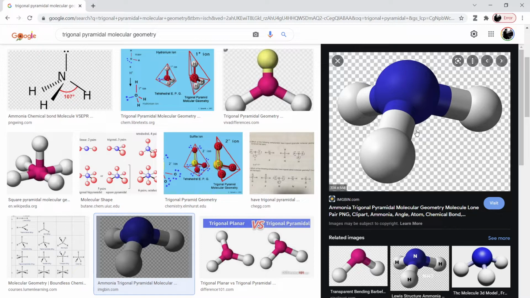So it's not trigonal planar. Trigonal planar, everything's in a plane. However, these are in a pyramid. They're pushed down. So the bond angles are 107, not 120. So we're seeing a different bond angle there. So we're looking at trigonal pyramidal shape there.